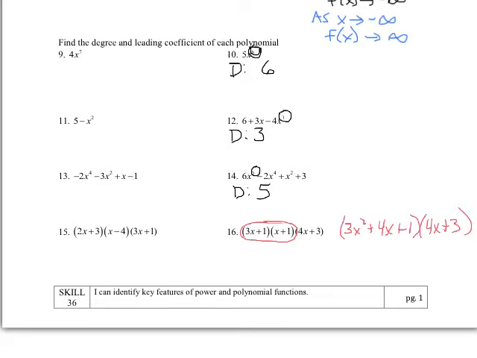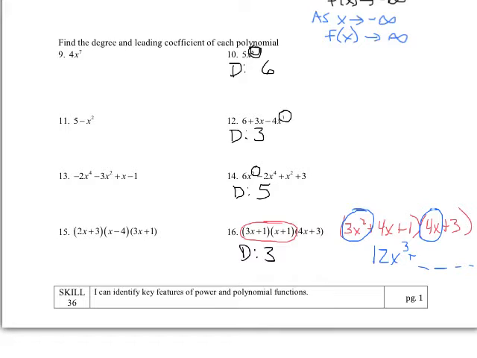And you'll find that the only thing that matters for degree and leading coefficient is going to be the highest terms, and when we multiply those together we get 12x to the third. We can go ahead and figure out what the rest of the terms are, but it's not necessary for this question. So the degree we have here is 3.